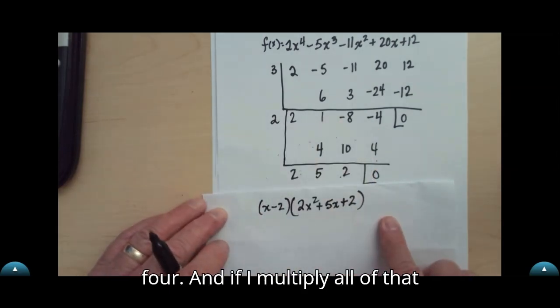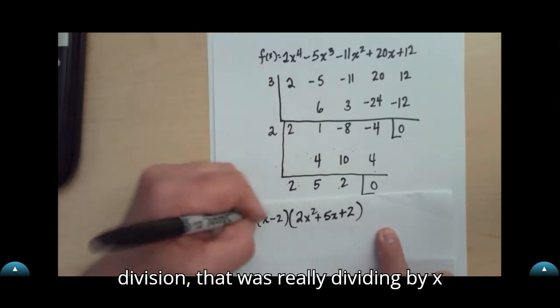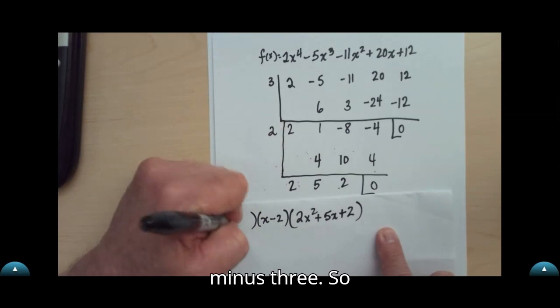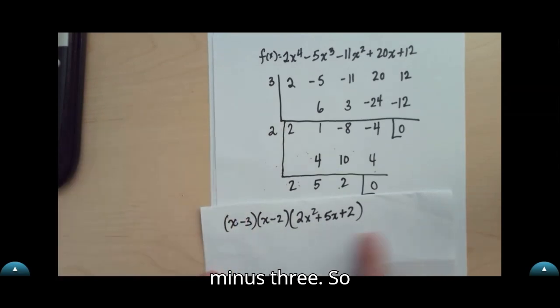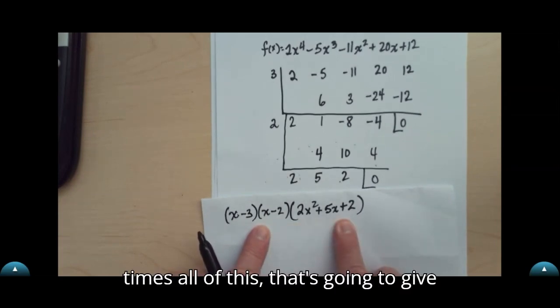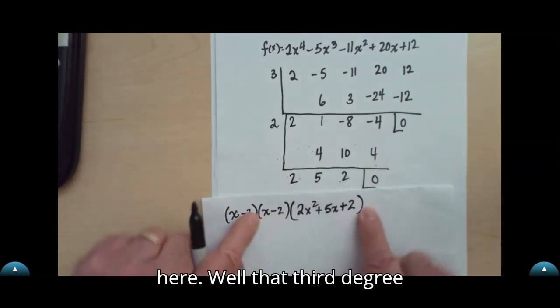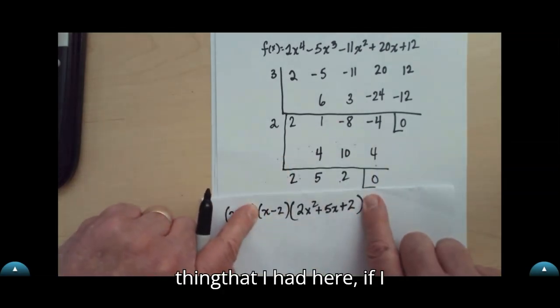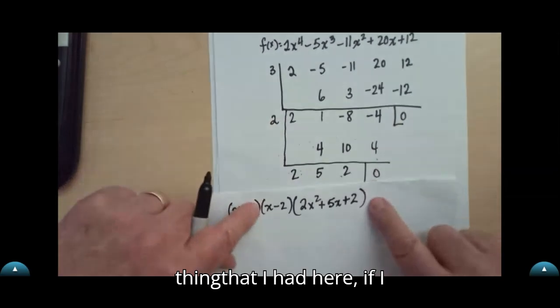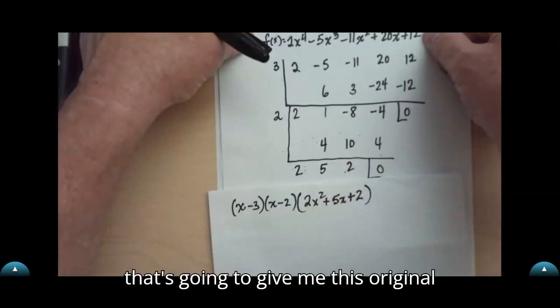And remember, that earlier synthetic division was really dividing by x minus 3. So if I multiply x minus 2 times all of this, that's going to give me that third degree thing that I had here. Well, if I multiply all of that times x minus 3, that's going to give me this original function back.